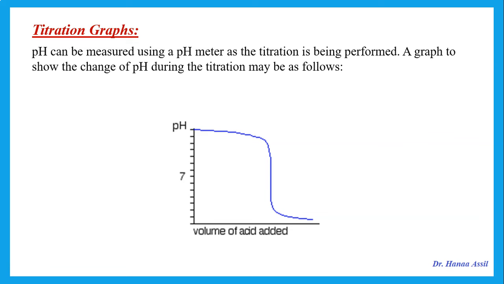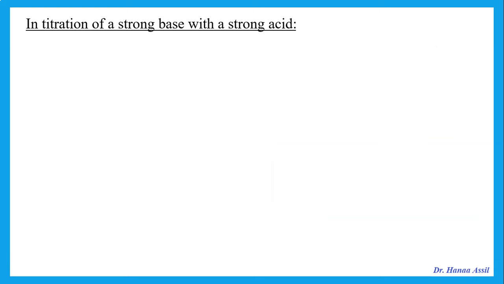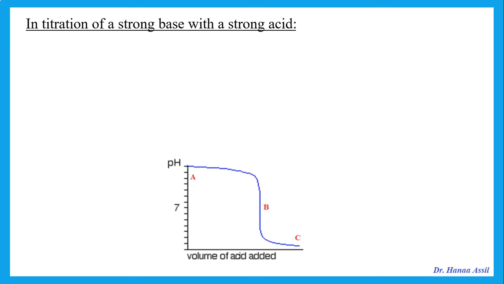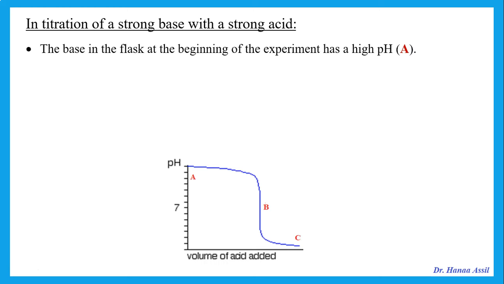Titration graphs, you should be familiar with titration graphs. The pH is measured using a pH meter, and the titration is followed using these readings. Now, if we are titrating a strong base with a strong acid, so I have in the flask the base, so we're starting with a high pH.